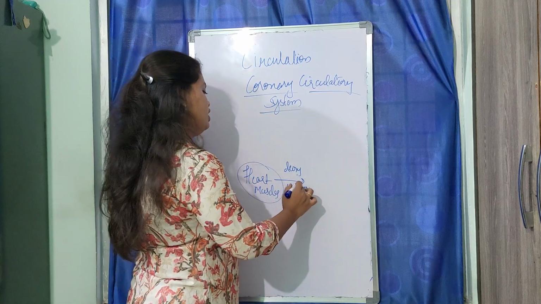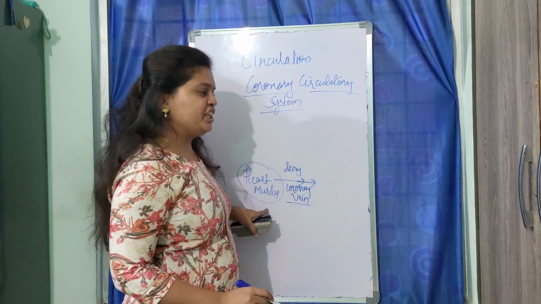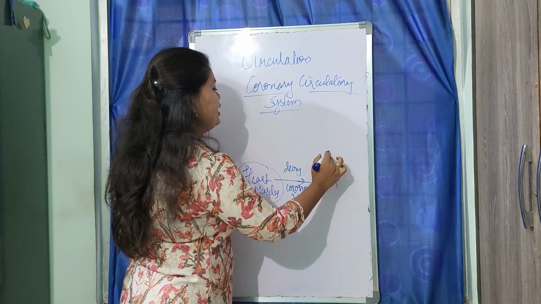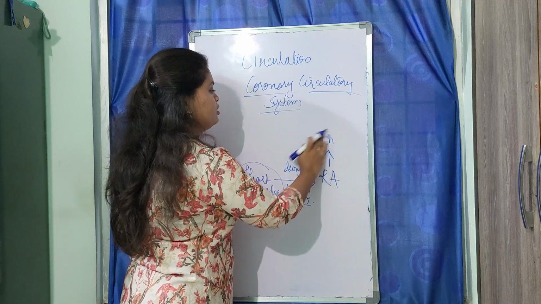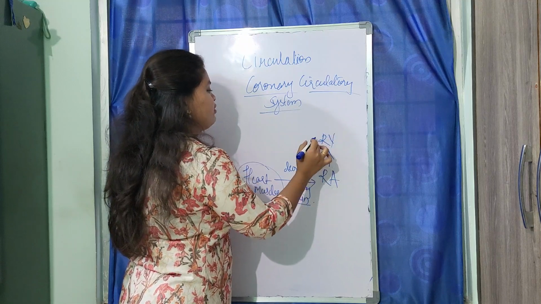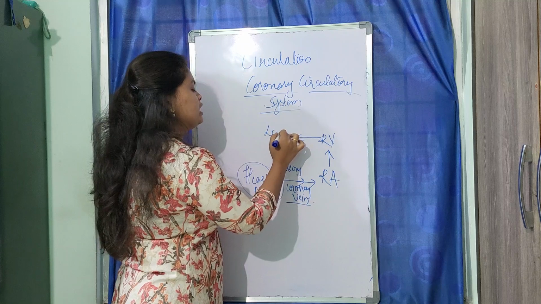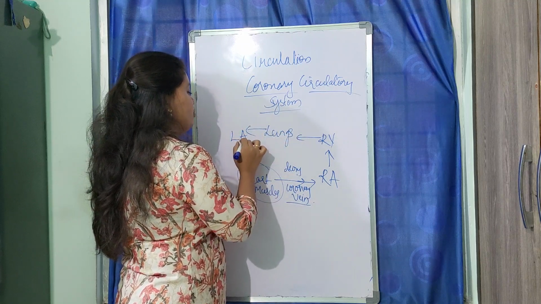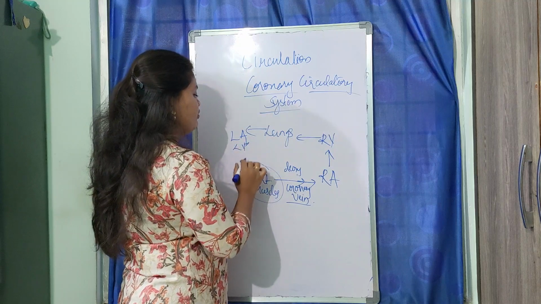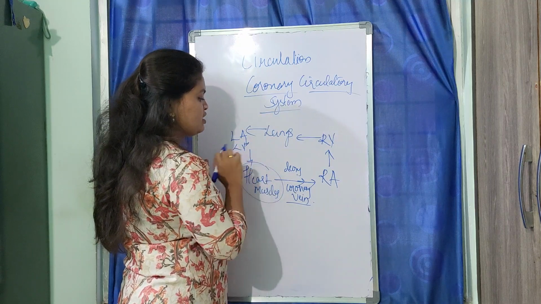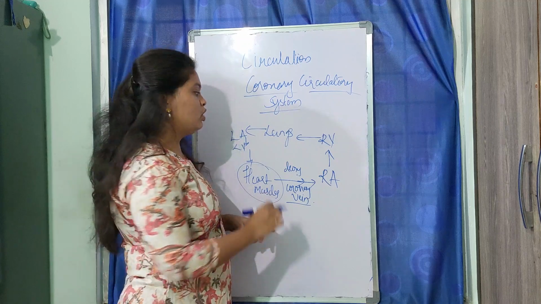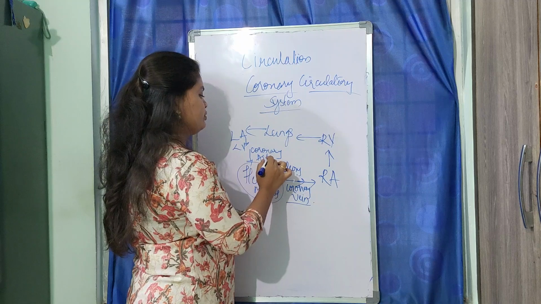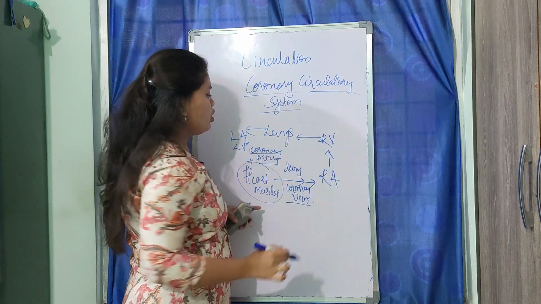And this coronary vein carries the deoxygenated blood from the heart to the right atrium, from the right atrium to the right ventricle, and from the right ventricle to the lungs, and from the lungs to the left atrium, from the left atrium to the left ventricle, from the left ventricle to the heart muscles via a special artery called the coronary artery.